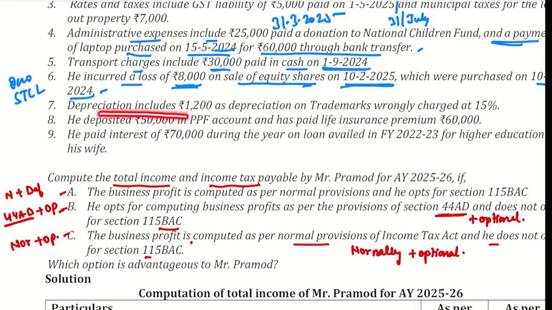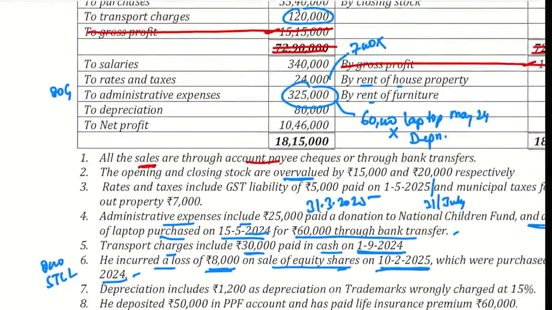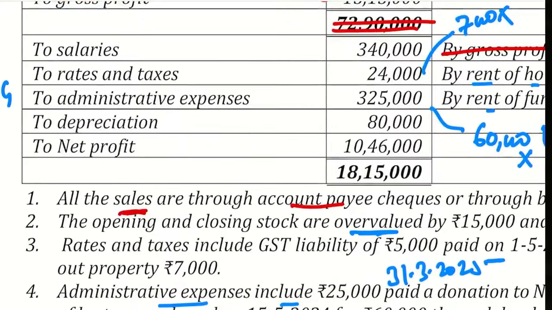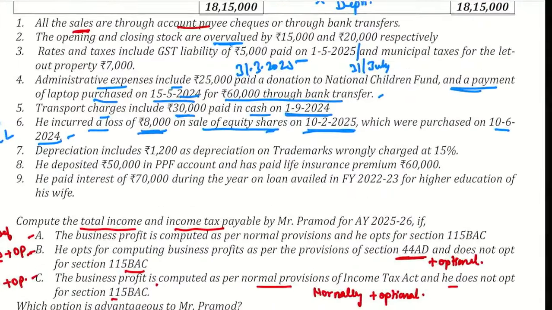Depreciation includes, okay. Guys, generally, if nothing is mentioned about depreciation, depreciation was 80,000, and we are okay with this depreciation. But they are saying depreciation includes 1200 as depreciation on trademarks, wrongly charged at 15%.